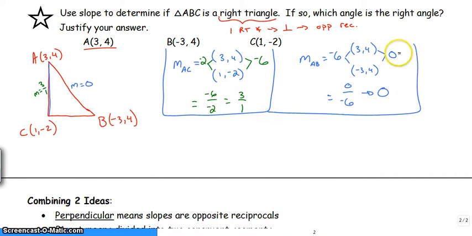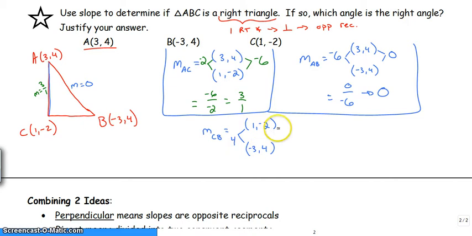And the third one we have to check is line CB. So when I check the slope of CB, I use the point C, (1, -2), point B, (-3, 4). And I find the jumps again. 1 to -3 is going down 4.